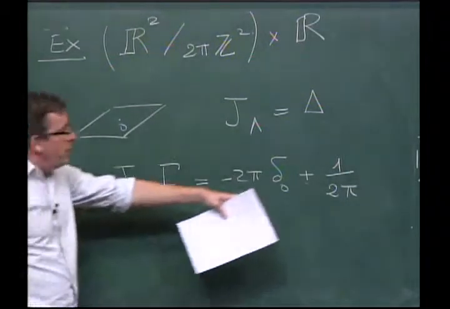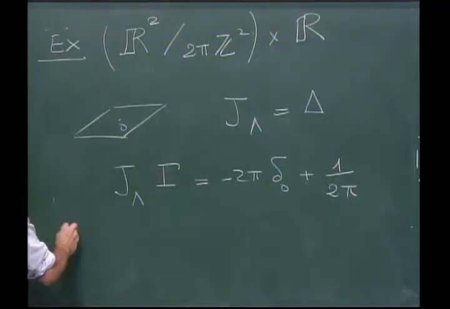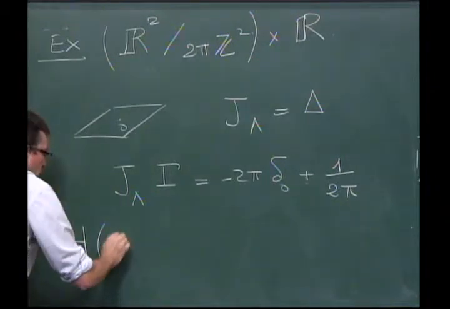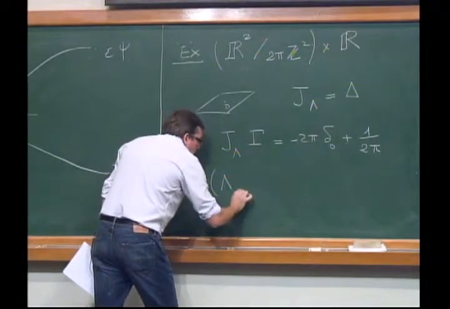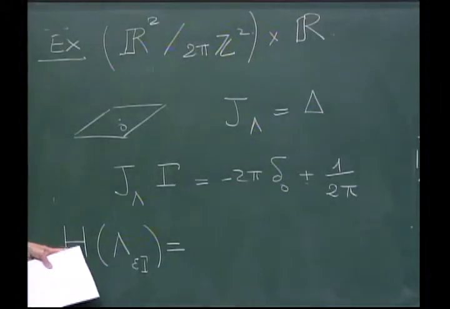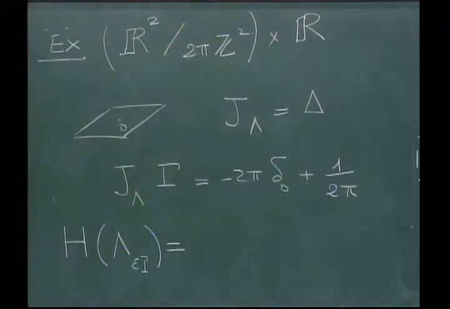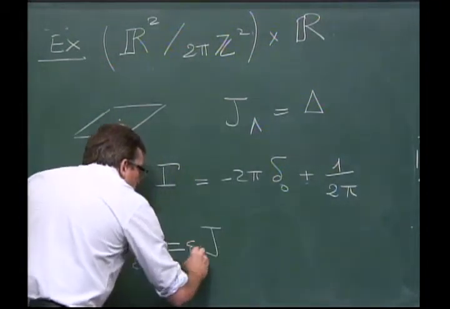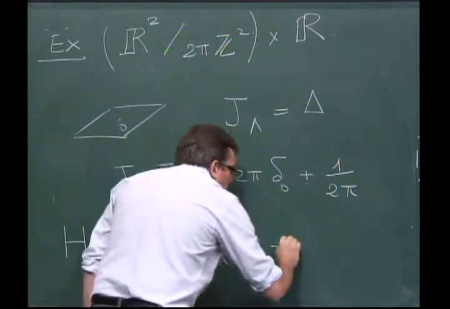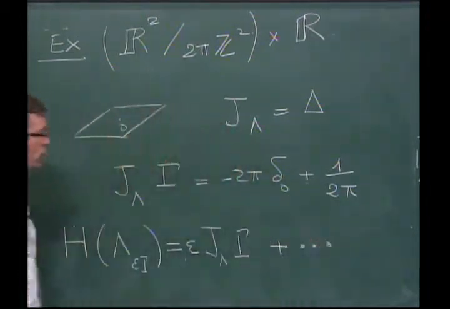But because of this, what you obtain is that if you cook up the mean curvature of the graph of epsilon times gamma, then what you find is the mean curvature of the surface you started with, which is 0. The next term will be epsilon times J gamma, and then plus higher order terms.